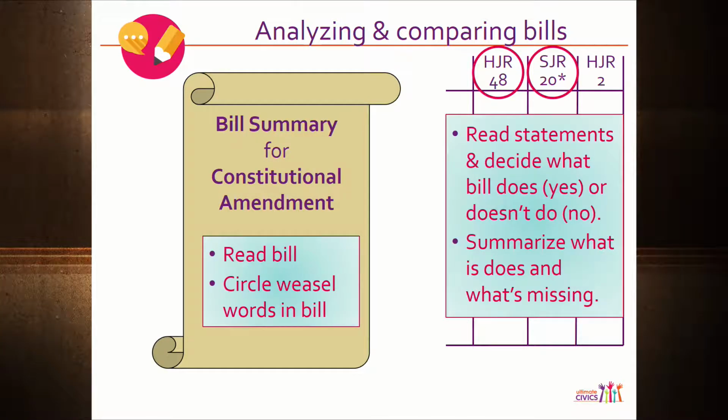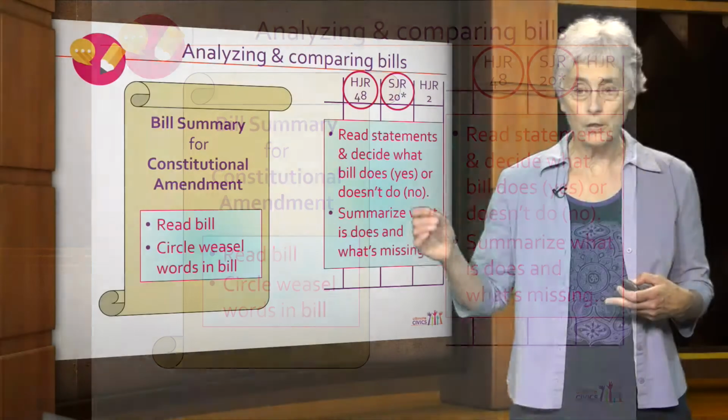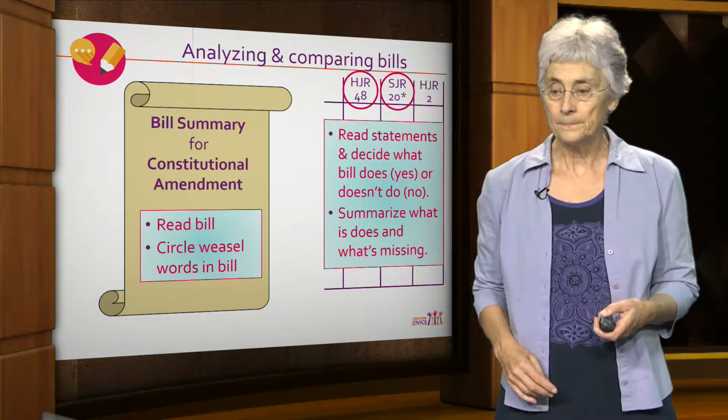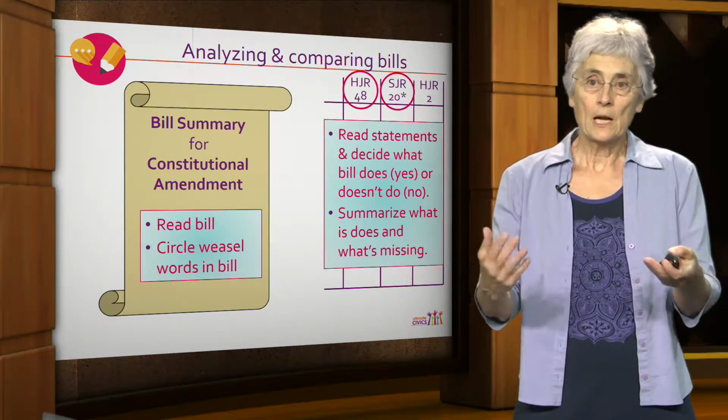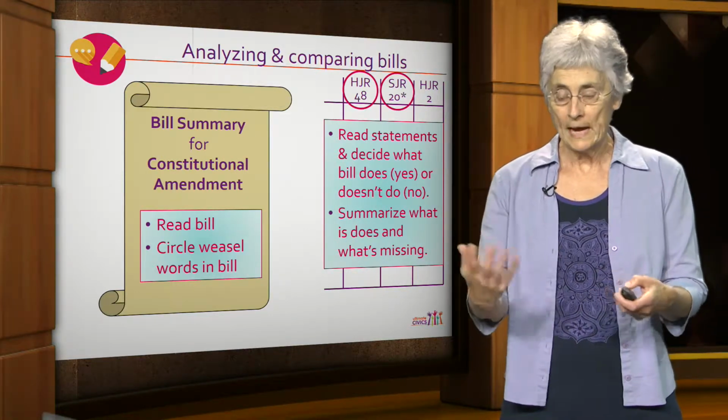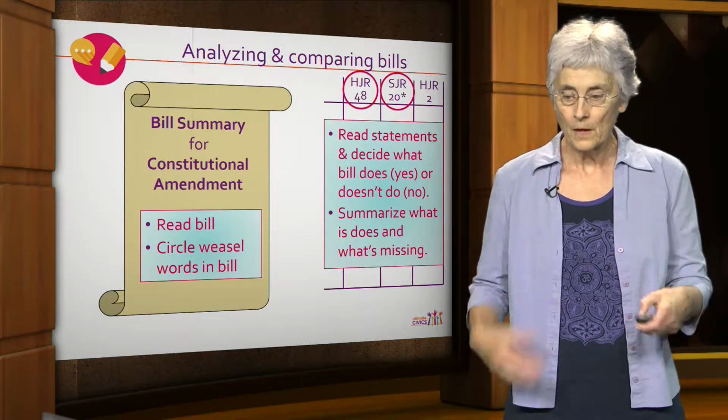And we want our bill to do both now. So you're going to read the statements and decide, does the bill do this, yes, or not do this? In which case you'd mark a no in this column. And then when you're done at your table in a small group, just discuss so that we can have a discussion about these bills.